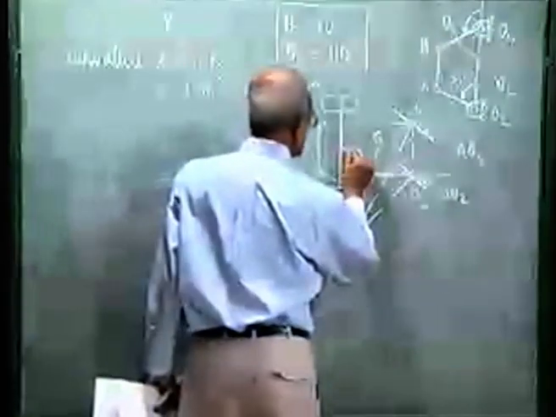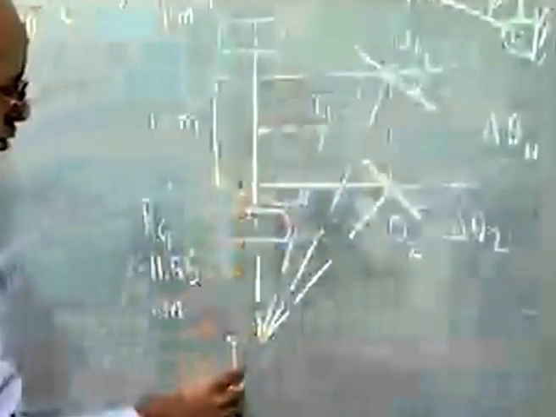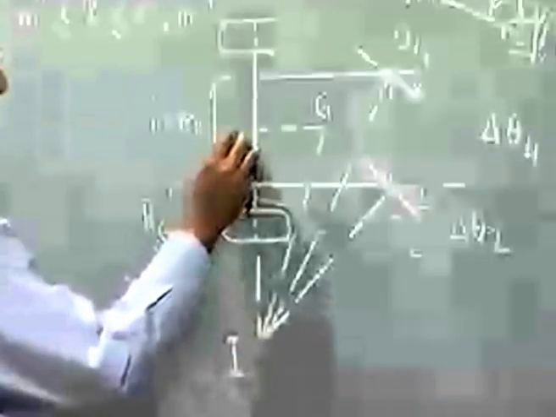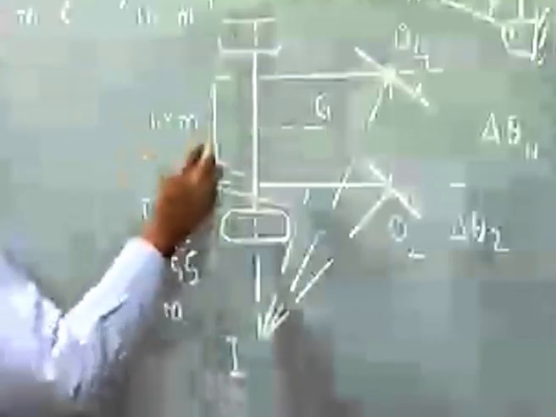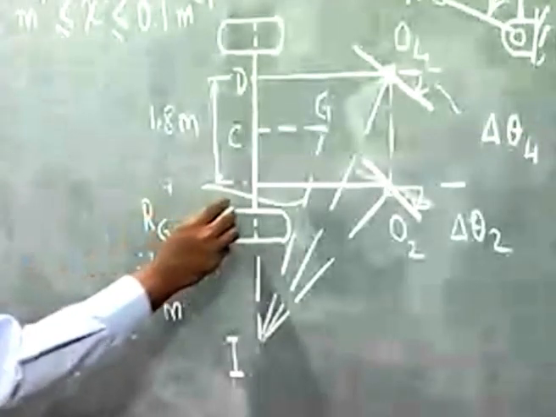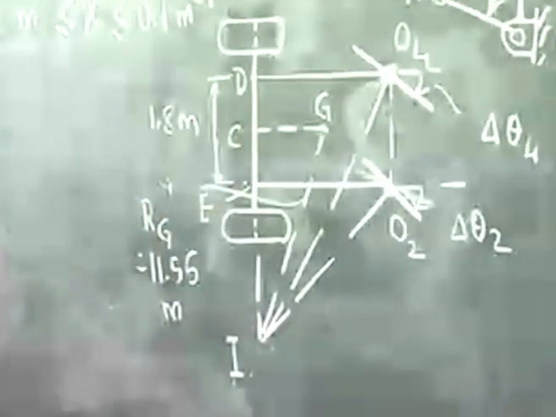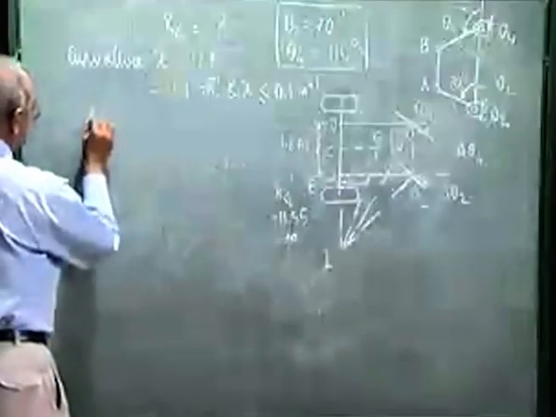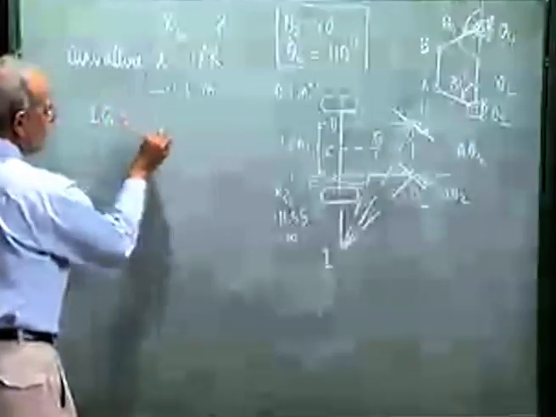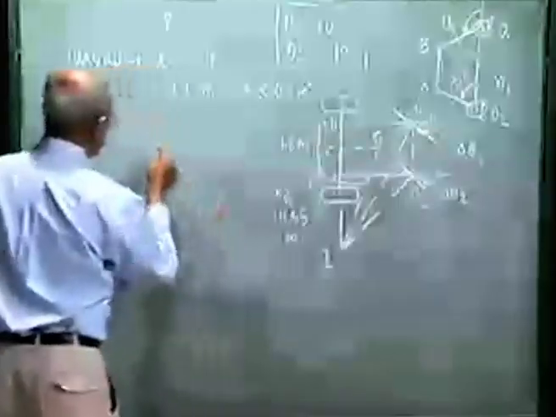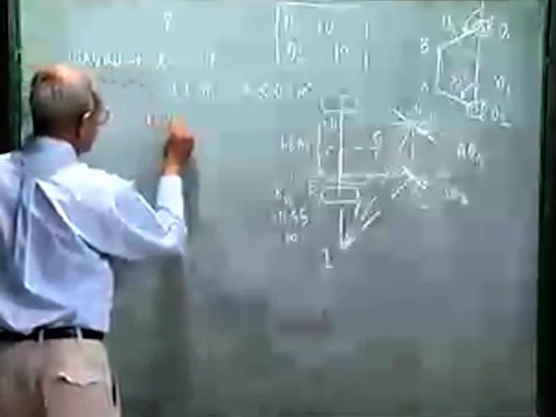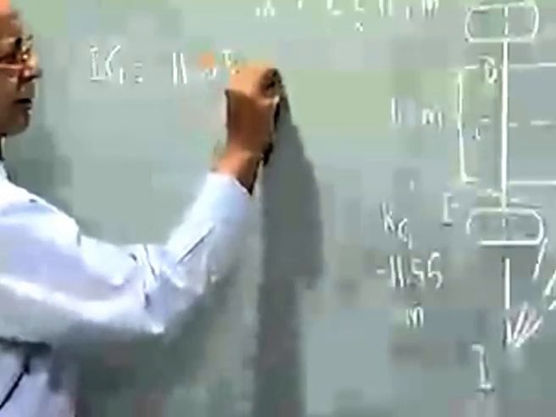If I call this point I and this point C, this point D and this point E, we see we are taking IG, the radius of curvature of the path of the center point, as 11.55 meters.